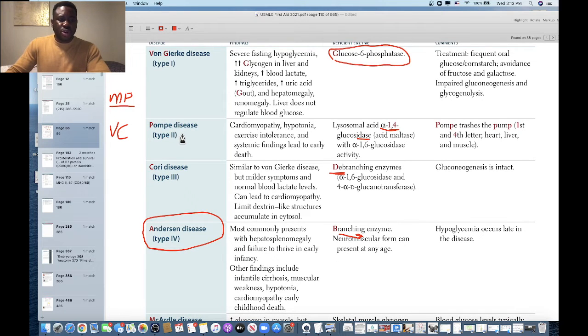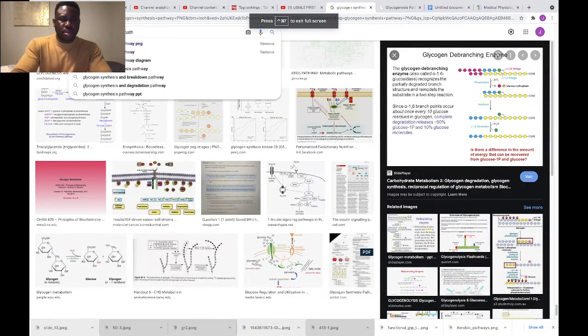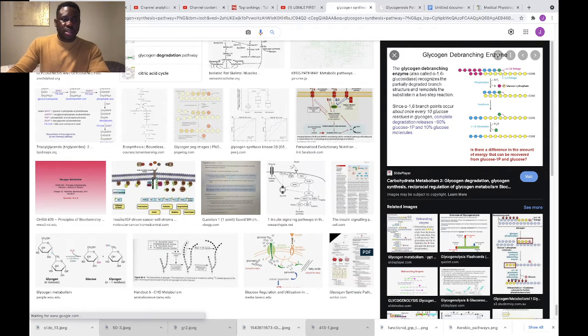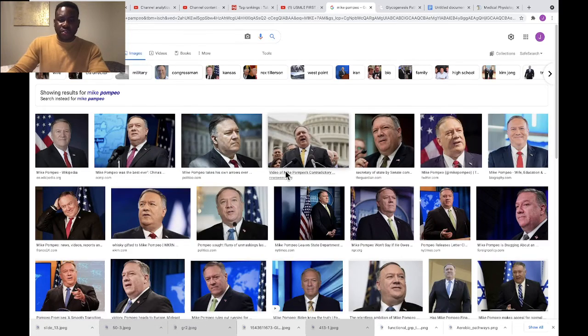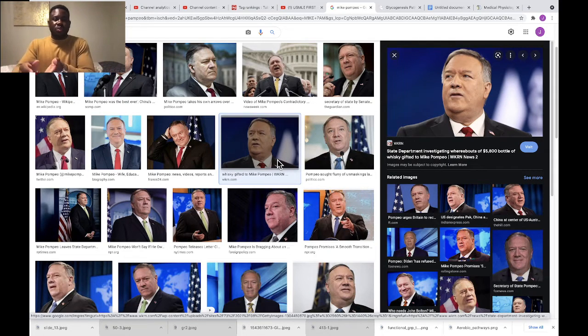And if you follow US politics, you know Mike Pompeo. I also use that to remember him, Mike Pompeo. Is it Pompeo or Pompeo? Yeah, let's look at his image. He was Secretary of State to Donald Trump. You look at this man, you think he can get hypoglycemia because he's rich, right? Even if he's not rich, he's a well-to-do man. He's not poor like some of us.